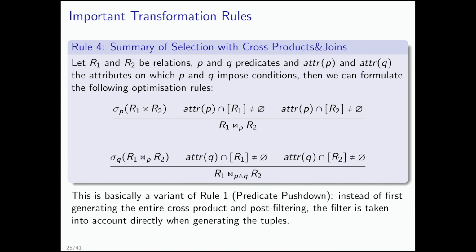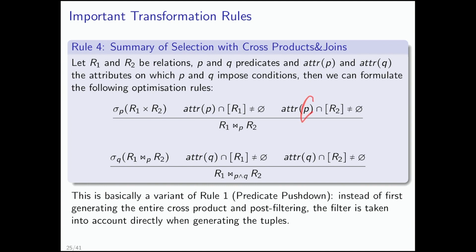What else should I say? That is a rule I can show in the notebook in a moment. So that is a rule saying, okay, we have this situation in a plan, a cross product followed by a selection predicate, and we know that at least one of the attributes mentioned in that predicate occurs in the schema of R1, and at least one of the attributes occurs in the schema of R2.